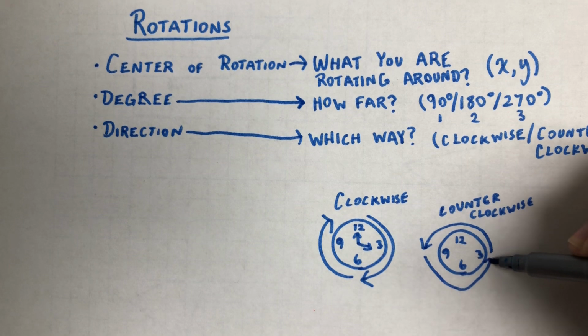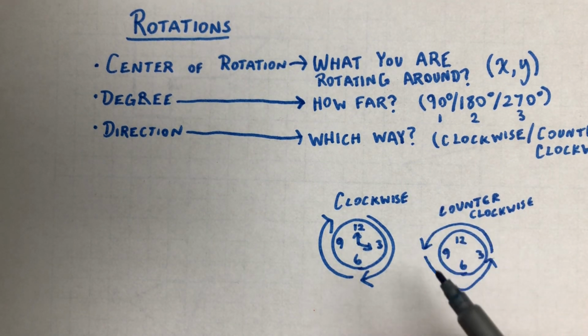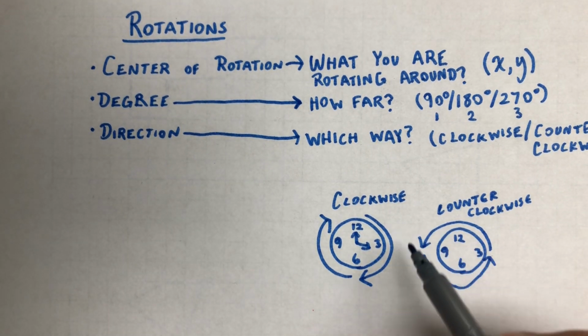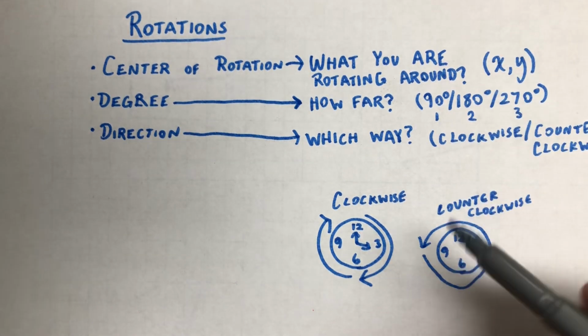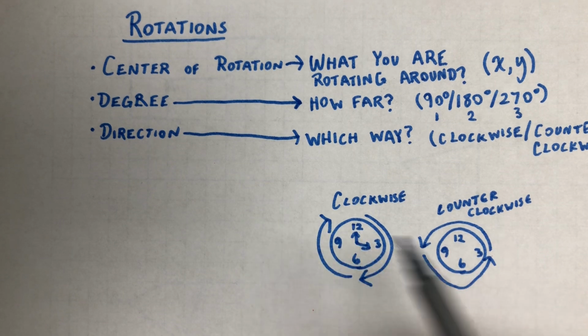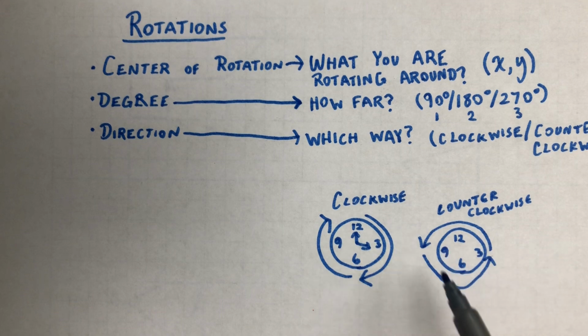Because again, clocks don't spin this way. Nobody will ever see a clock spin this way unless you're like setting your own watch, because this would require, in reality, time to go backwards, and that's not gonna happen. So as a result, this is clockwise, and this is counterclockwise. I'm sorry, I just said that wrong. This is clockwise. This is how clocks usually spin. This is counterclockwise. All right, know the difference.